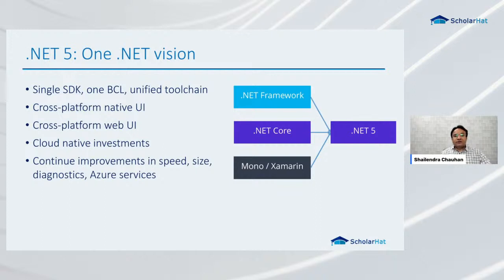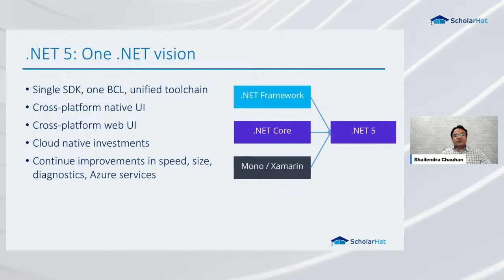Starting from .NET 5, Microsoft decided to have a common naming culture, because before that there was always confusion about whether I should learn .NET Framework, .NET Core or Mono. But starting from .NET 5, they clubbed the best things from .NET Framework, .NET Core and Mono, and combined them together.